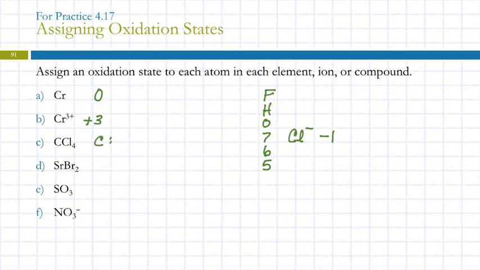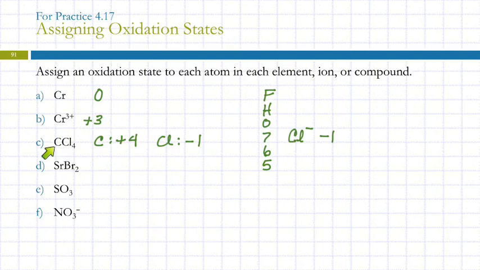We have carbon and we have chlorine. The chlorines are going to have -1 oxidation state. Each of them. There's 1 carbon and there's 4 chlorines. If all 4 chlorines are -1, what does the oxidation state on the carbon have to be? +4. It's just like doing ion charges.